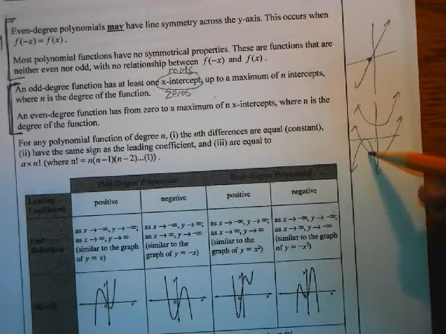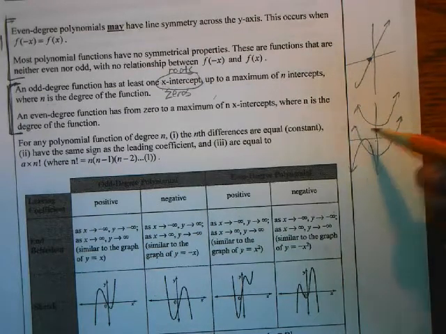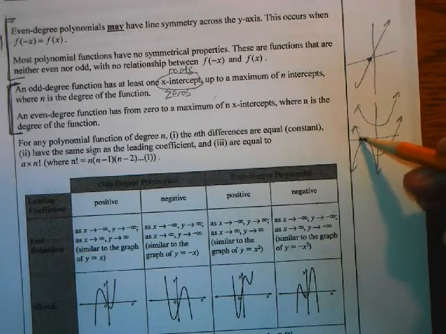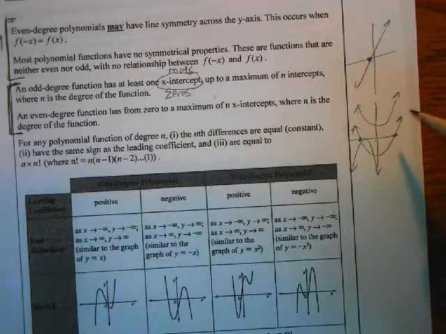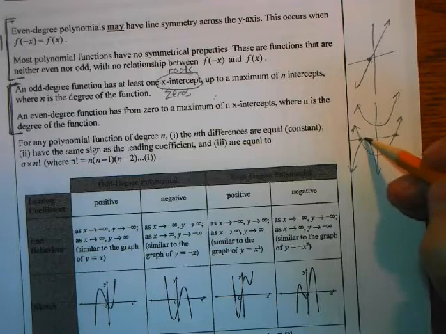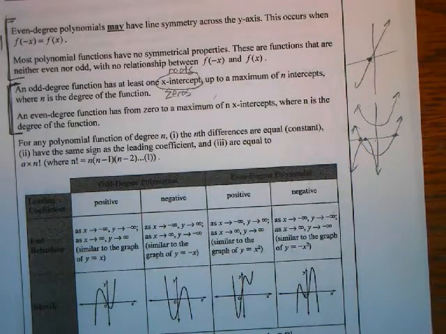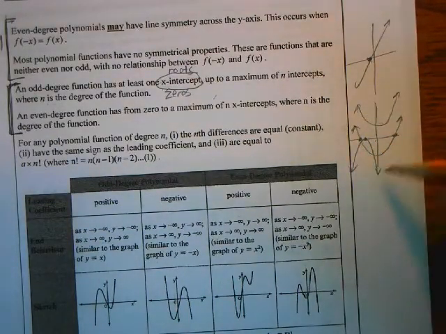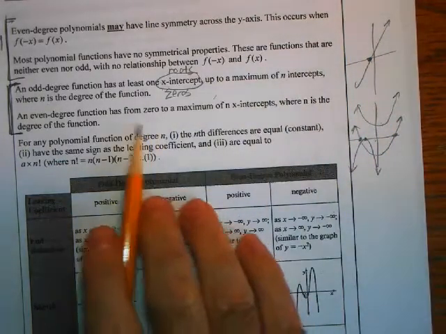The one here is probably the most common. It has 2 x-intercepts. So this one's 0, this one 2, and this one where the vertex is right on the x-axis has 1. So you already kind of knew that a quadratic can have anywhere from 0 to 2 x-intercepts, and that's confirmed here.